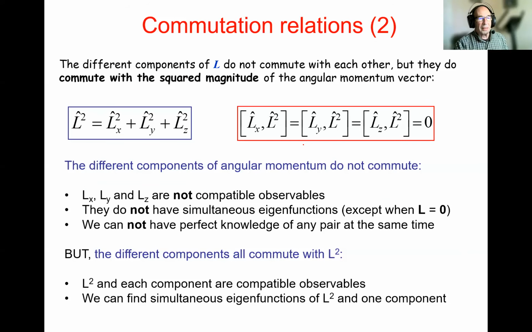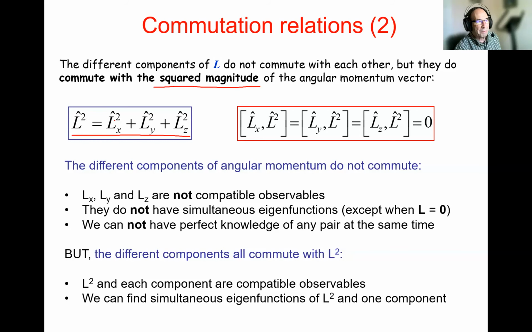Now, another thing is we can try to find whether there is any other operator with which orbital momentum commutes, so that we could measure them simultaneously. And it turns out that each component of orbital momentum commutes with the square magnitude of angular momentum. L squared is the square magnitude of orbital angular momentum, which is written here.